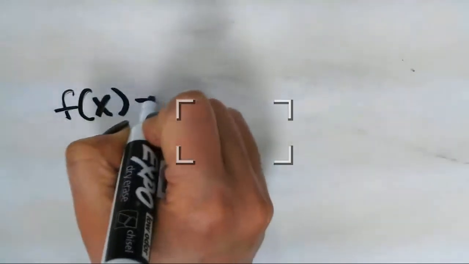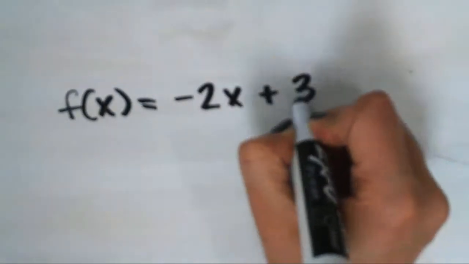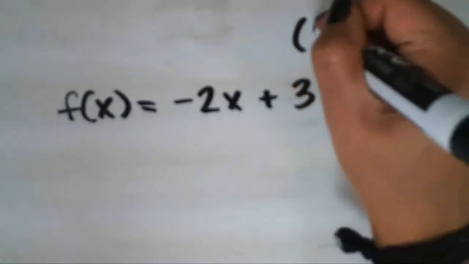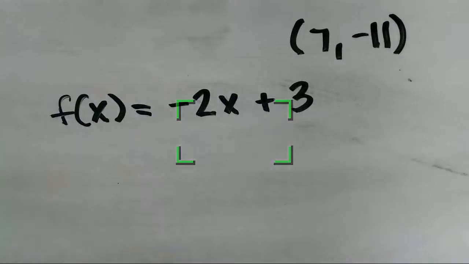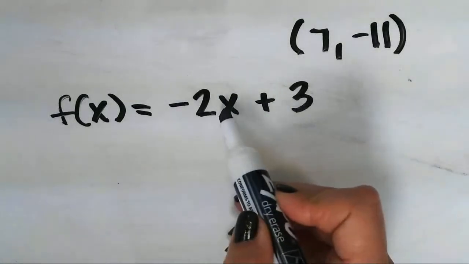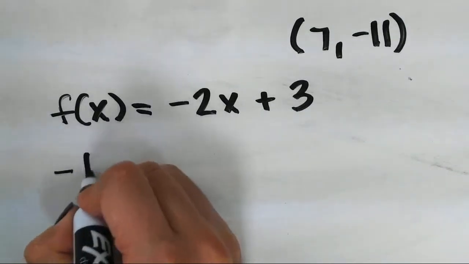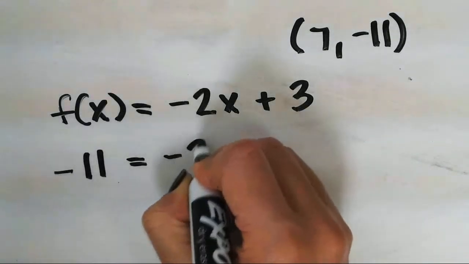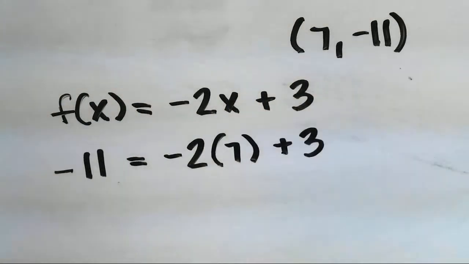All right, so we have an equation of f of x equals -2x plus 3. And I said that the point I'm going to use is 7 and -11. Okay, so using that point, I can now substitute 7 for x and -11 for y. So I'm going to do -11 here, and then -2 times 7 plus 3.